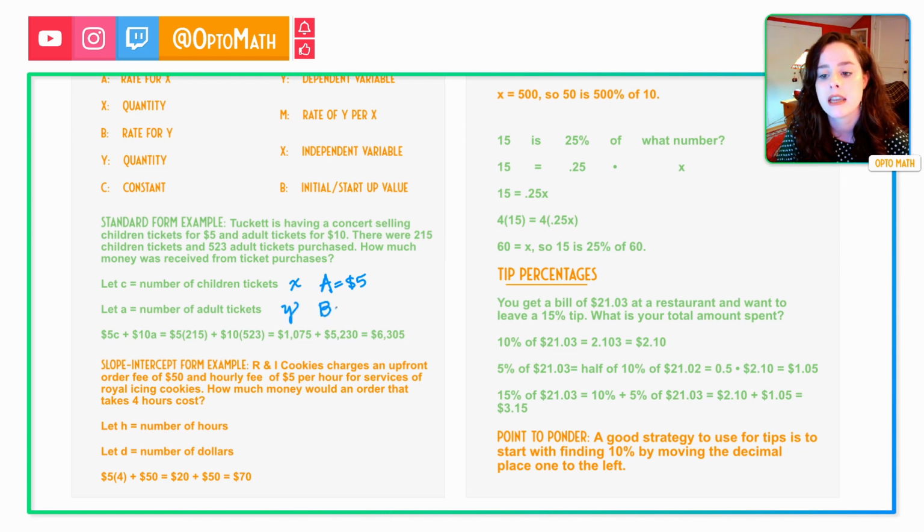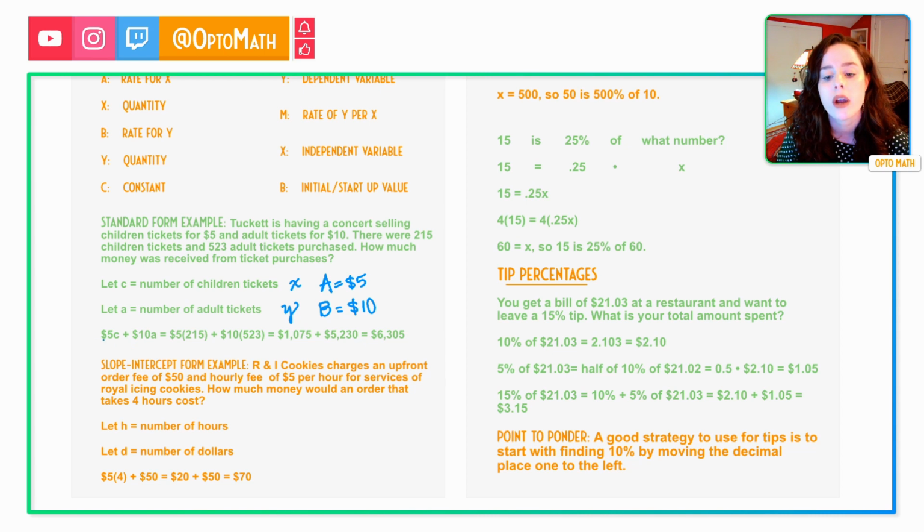And b is the amount of money per adult ticket, which is $10. 215 children tickets. So that actually gives us the number of children tickets. So instead of having c, we can actually substitute that number. And similarly, we can substitute 523 for a.